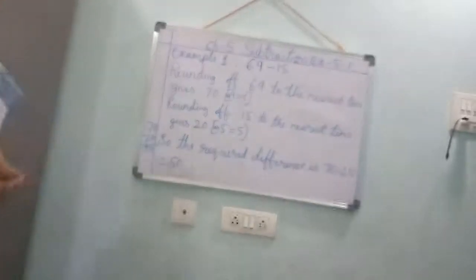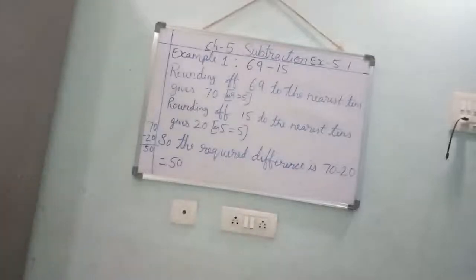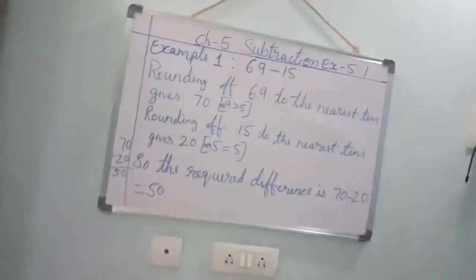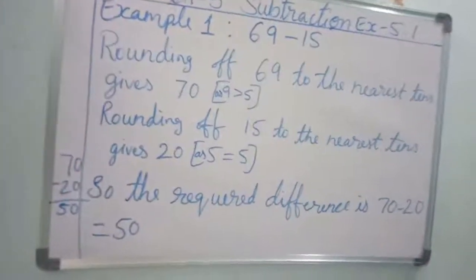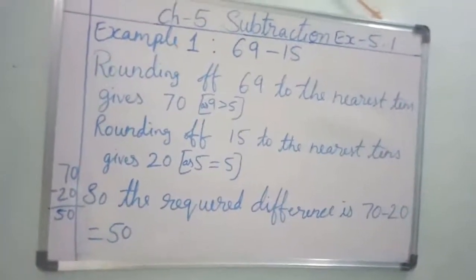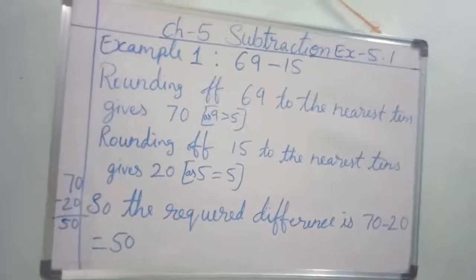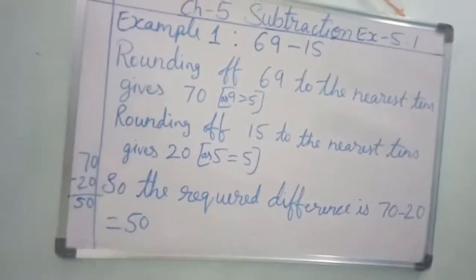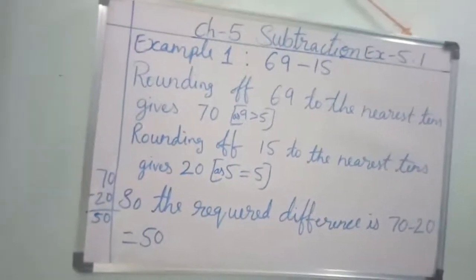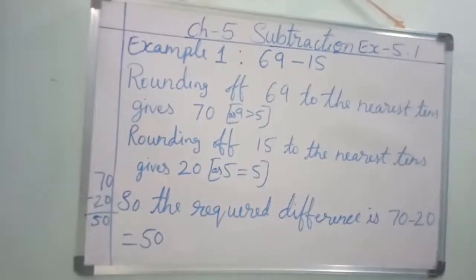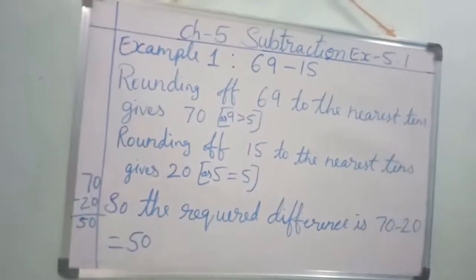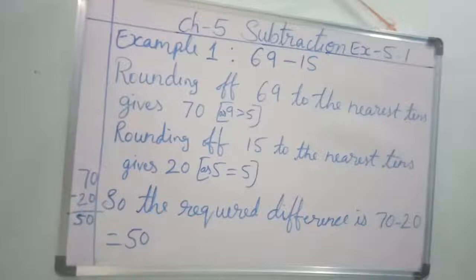15. See, rounding off 69. Rounding up 69 to the nearest tens gives 70. Has 9 greater than 5? Yes. Rounding up 15 to the nearest tens gives 20.